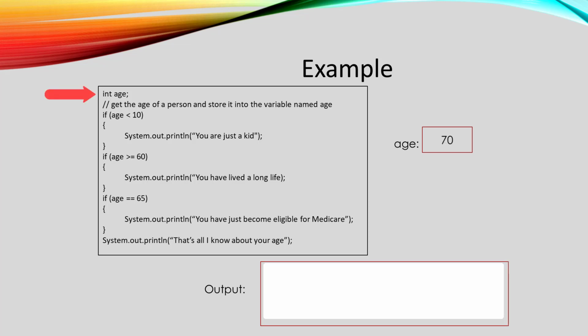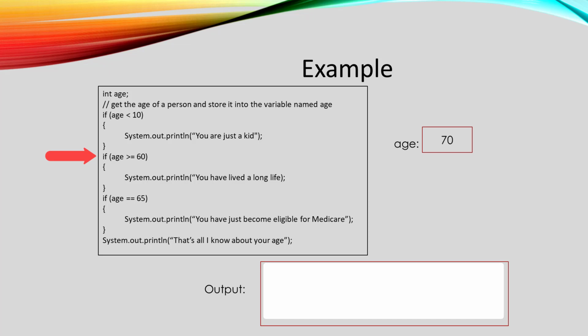Now let's watch what happens if instead of being 8, age holds the value 70. The first condition checks to see is age less than 10. 70 is not less than 10, so we skip the first print line. Then it compares age to 60, and is age greater than or equal to 60?